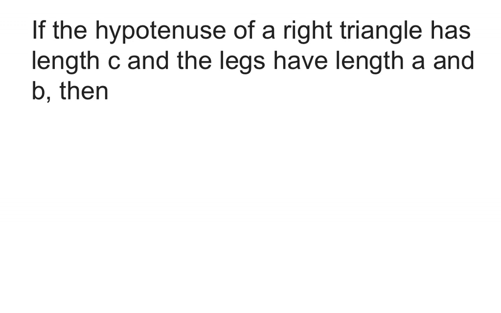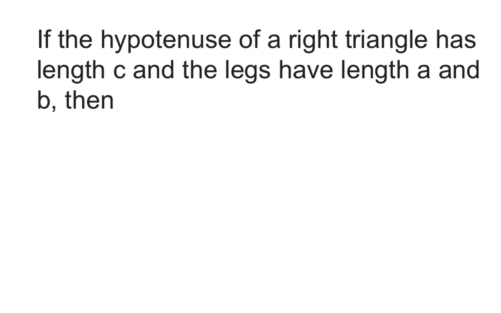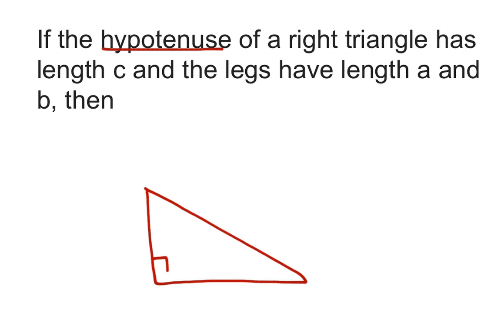So this is the definition of the Pythagorean theorem. If the hypotenuse of a right triangle has length c, so here let's draw a picture. So similar to the picture I had a minute ago where my legs and my hypotenuse were labeled. So if the hypotenuse is c, let's spell that right, hypotenuse.